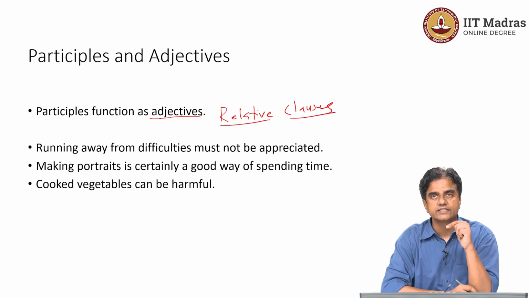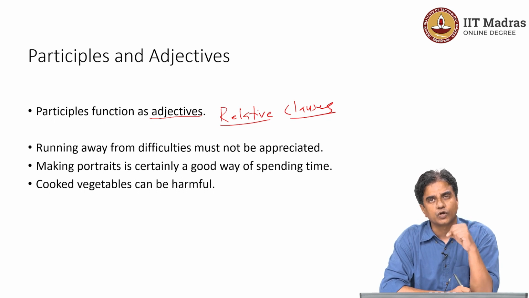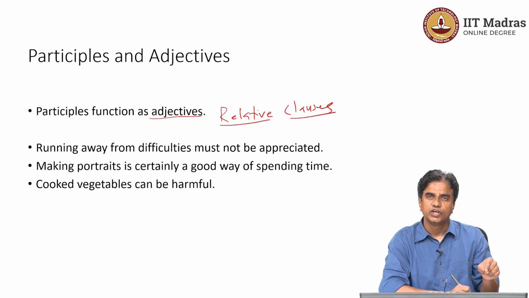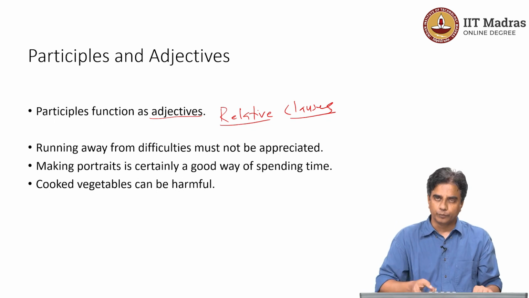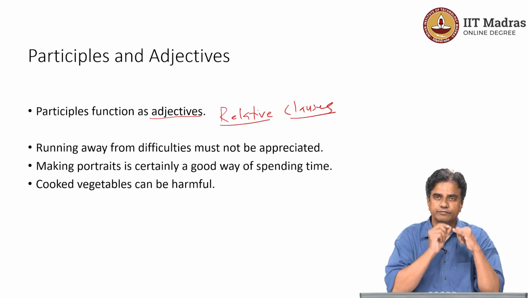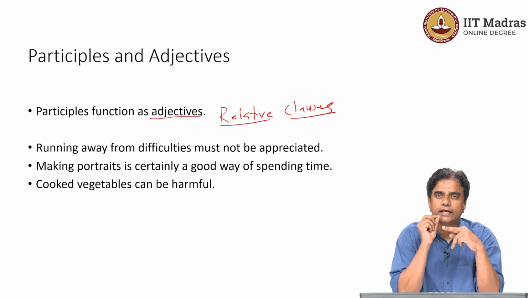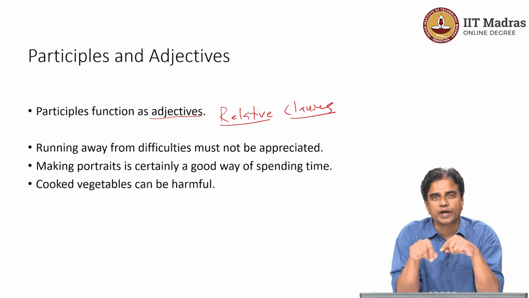I'm only bringing this up for your reference: when we have a relative clause in a sentence, it functions as an adjective. So now we can say a relative clause is a modifier, an adjective is a modifier, and a participle is also a modifier.